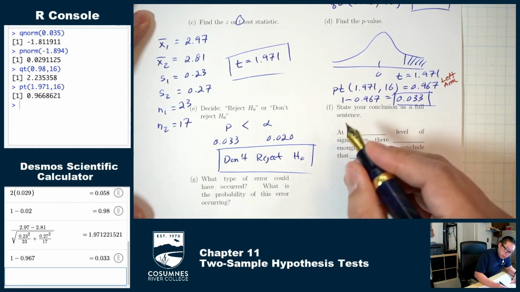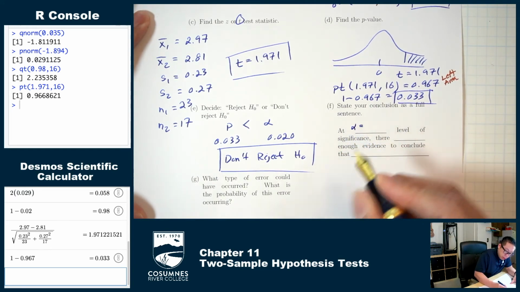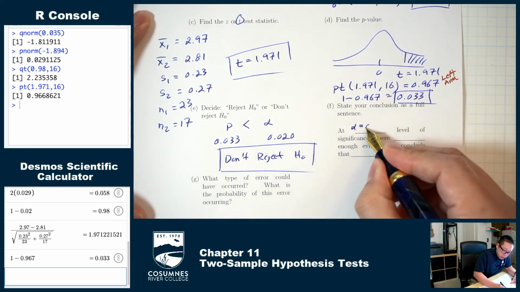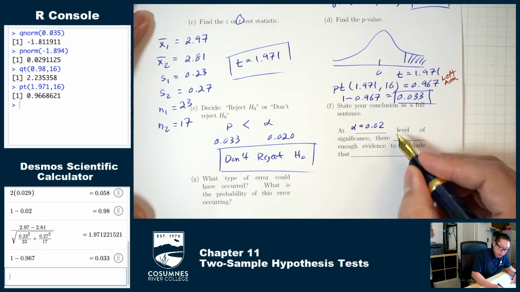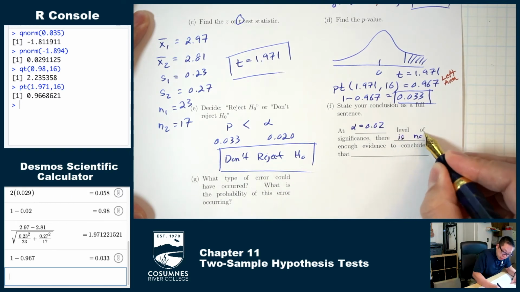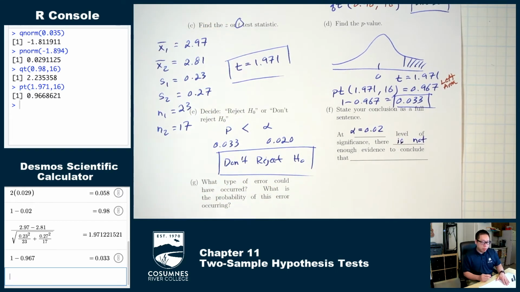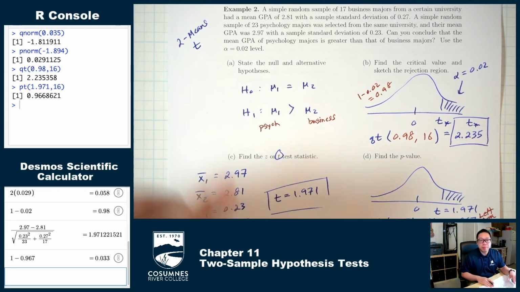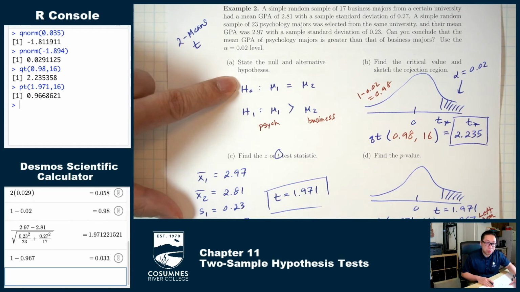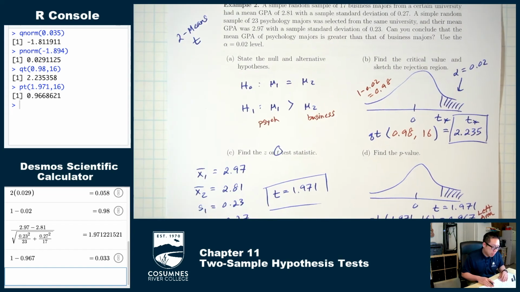Part F, the sentence. At alpha equals 0.02 level of significance, there is or is not, because we did not reject, there is not enough evidence. And then to conclude, write out what H1 is, right? So because we didn't reject H0, we can't say that H1 is true.